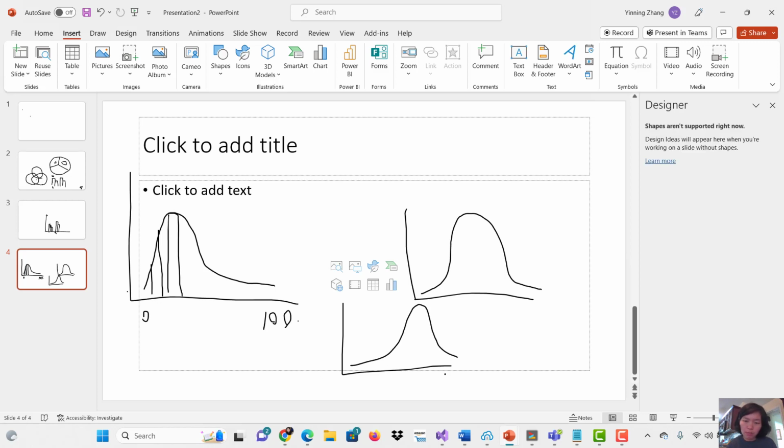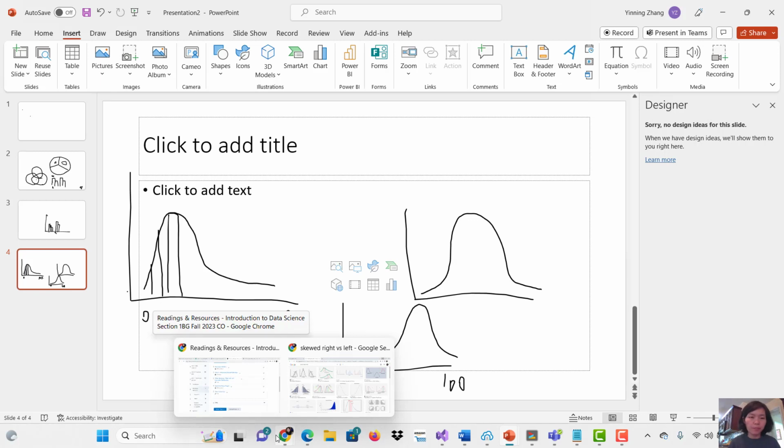And in this one, more students have high scores between 80 and 100, which is good, which is healthy. So that's what the skewness means. And in the assignment, after you plot the histogram, you remember you are asked to explain that, okay? So don't forget that.